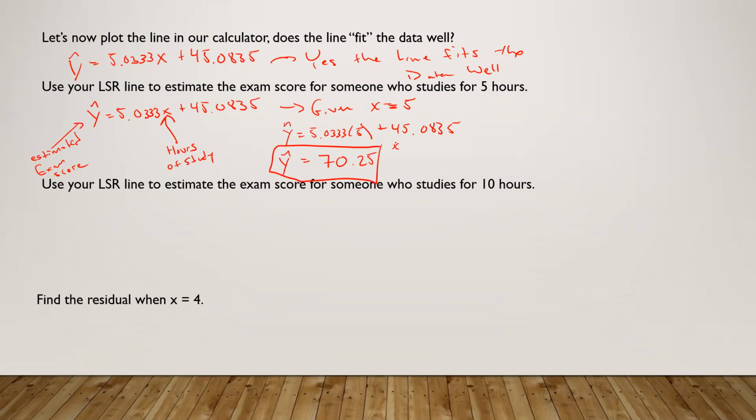So what we're saying here is we estimate an exam score of 70.25 for someone who studies 5 hours. Make sense?